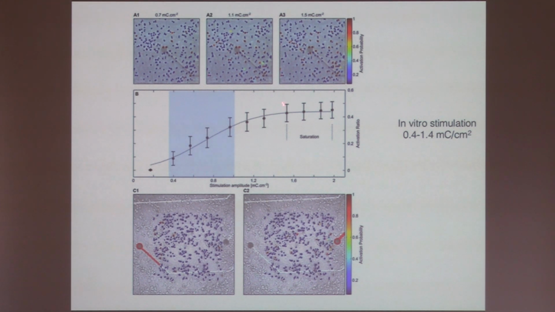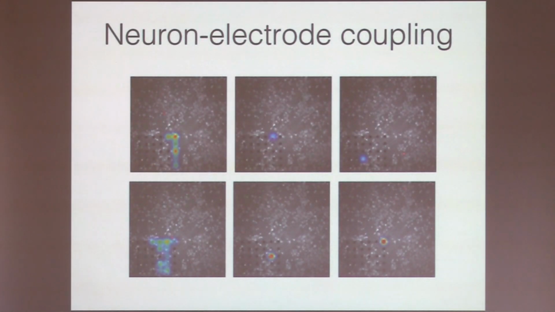Very often, and this is what you see here, we go up and up in intensity, but we don't necessarily increase the diameter of the cells that we're actually activating, because we may already activate cells that are very far away, just because we're activating those processes that cross the electrode.